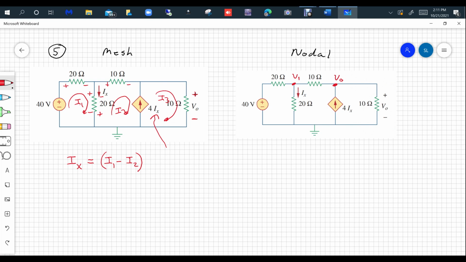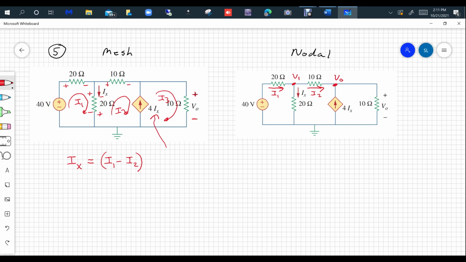But the important thing here is conventional current. If I assign passive sign convention, if I assign current in that direction and I assign current in that direction, let's call this I1 and let's call this I2. Let's go ahead and just write the equation there. Let's do the whole nodal analysis equation, because out of the two, mesh and nodal, nodal is going to be the one that's most useful.